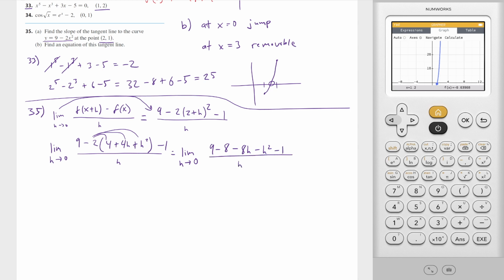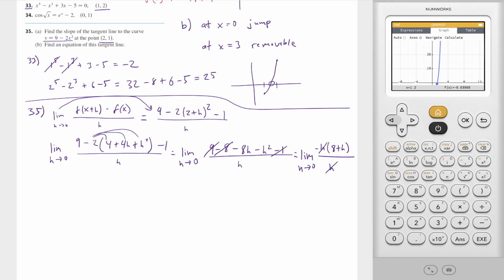Okay, so I have a -8 and a -1. Those will combine to give me a -9, which means all of that cancels out. And then I can also factor an h. In fact, let's factor -h out. And so I'm going to have the limit as h goes to 0 of -h, and what's left inside there is going to be 8 plus h divided by h.